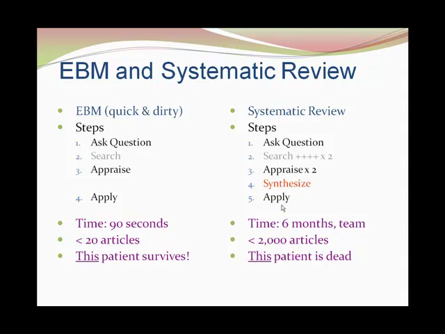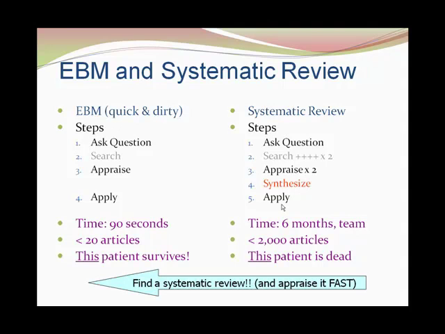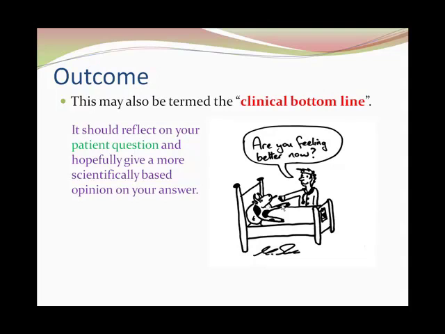Whereas with a systematic review, the time it takes to get a conclusion from the original patient question could be over 6 months and sometimes years, by which case that patient's already dead. So find a systematic review and appraise it fast, and that's the principle of evidence-based medicine.